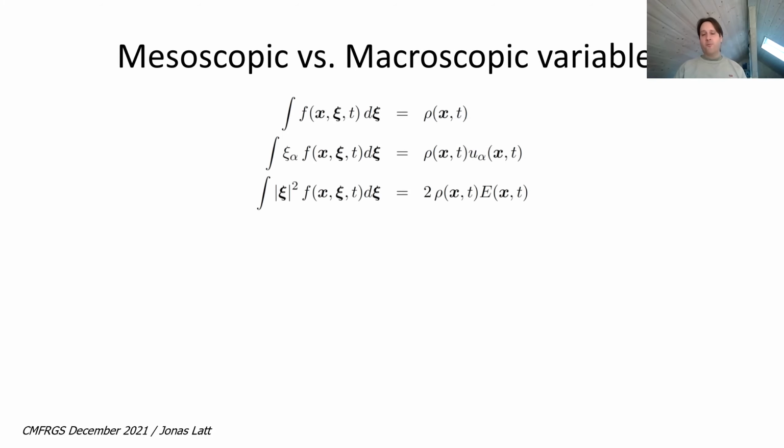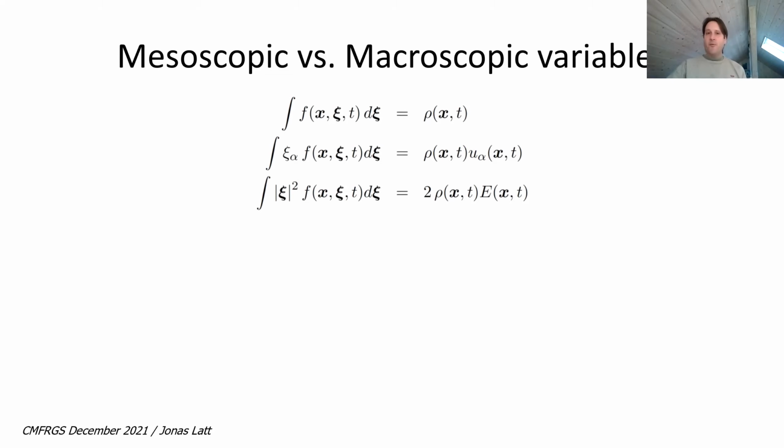And when you are trying to relate what you are seeing to macroscopic variables, the ones which you are going to measure in the lab, the density or the velocity or whatever, you just integrate away the velocity dependence of the distribution function.